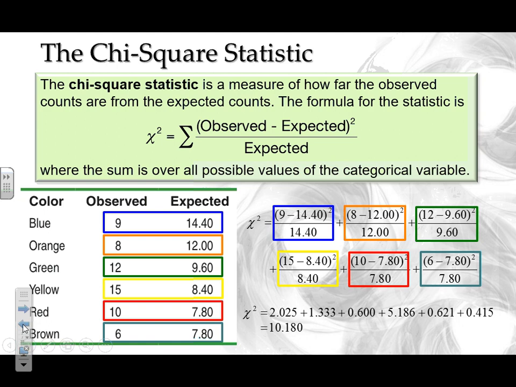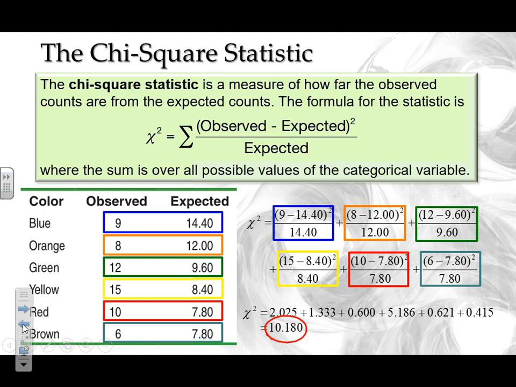But when we work this out following the formula, we get a chi-square value of 10.180. So that's our overall value, 10.180. That would be like if we were working with a normal distribution, that would be like a z-score of 1.6 or whatever. That's the same exact idea, it's just this is working with the chi-square distribution instead.